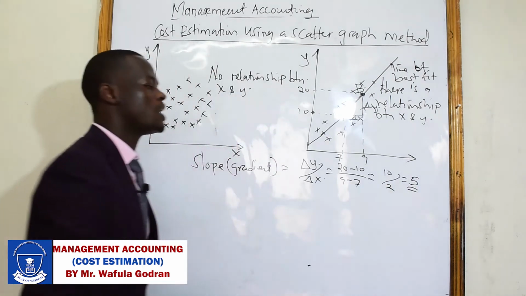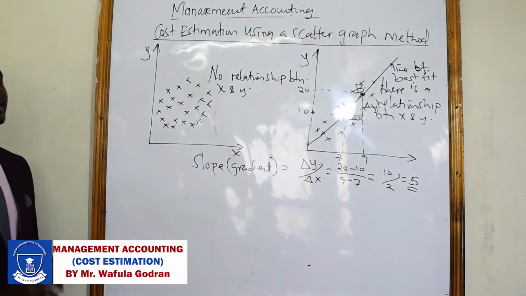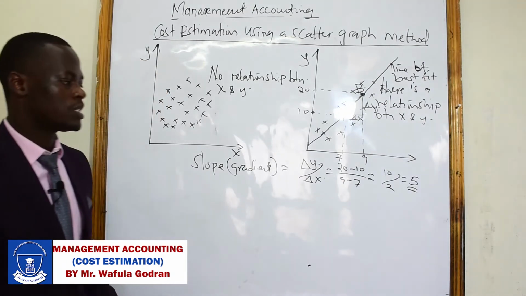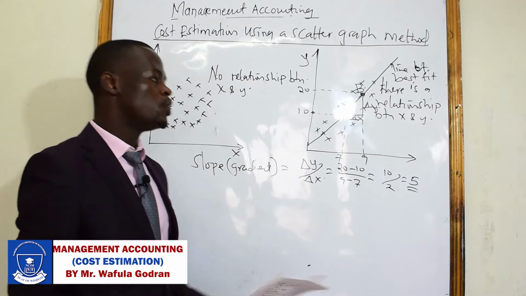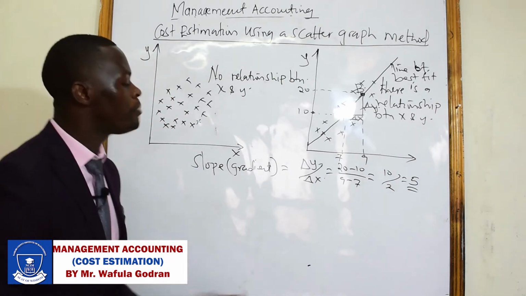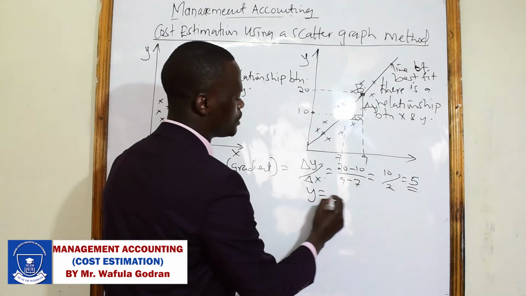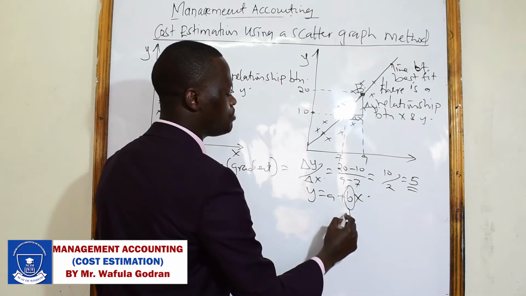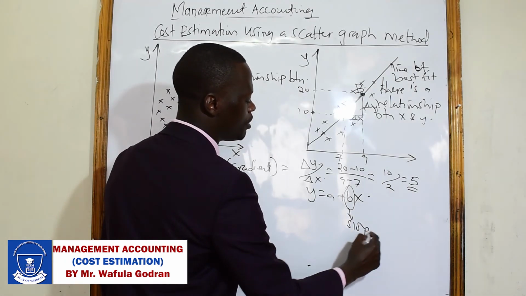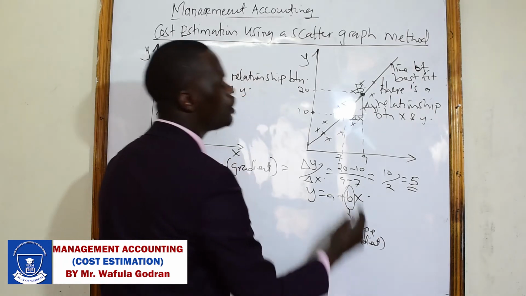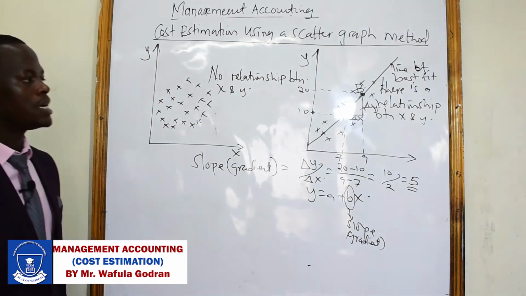That becomes the gradient, and that gradient is a constant which we call in management accounting the variable cost per unit. So now we have been able to establish our B in the equation Y is equal to A plus BX. We have established this B, which is the slope or the gradient, using a scatter diagram.